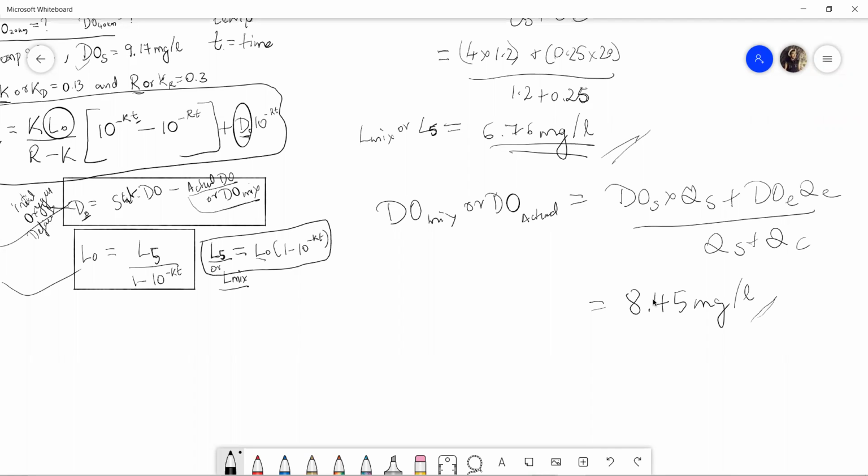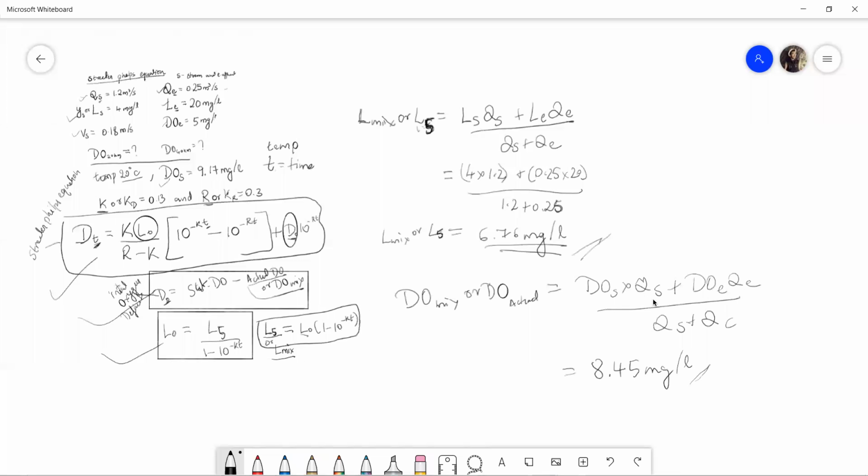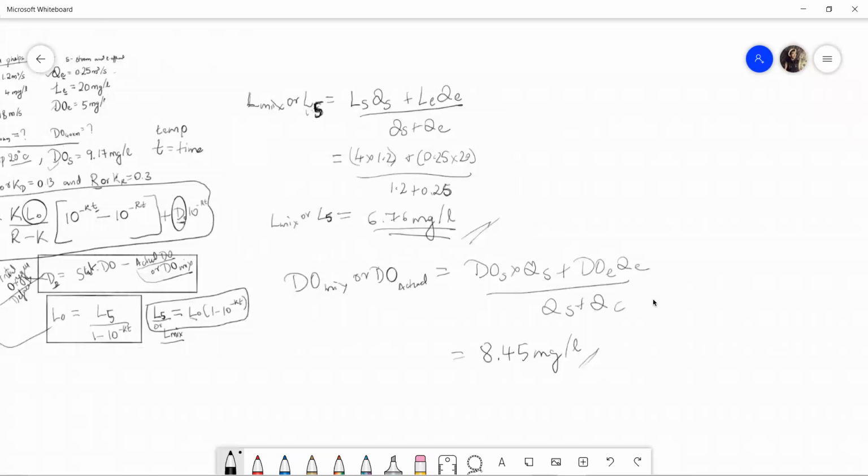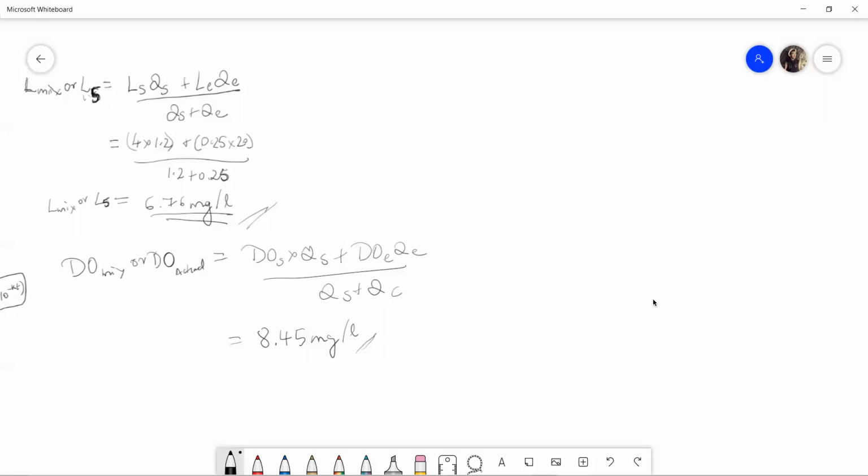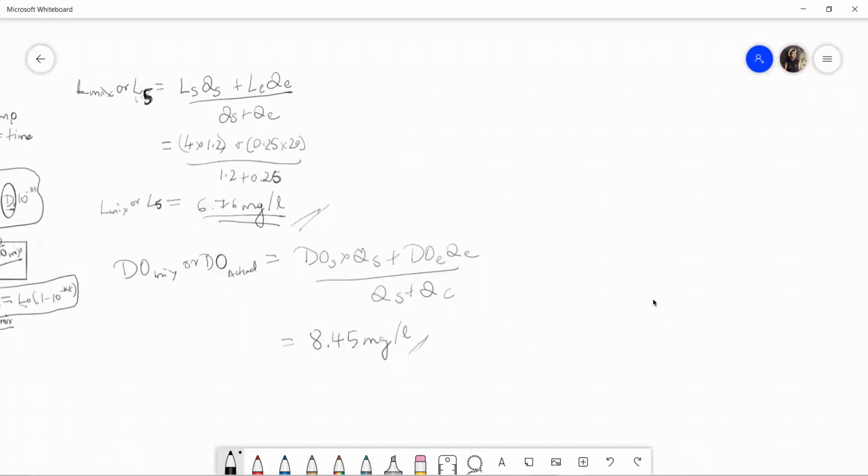Now once you are done with this DO mix and BOD mix, the next thing is we have to find L naught, and also we have to find the oxygen deficit D naught. Not DO, it's D naught. D naught is oxygen deficit, DO is dissolved oxygen.